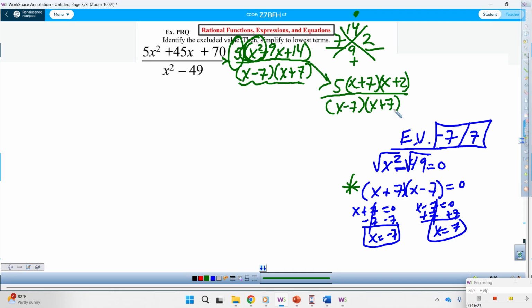What is my giant 1, people? X plus 7, yeah, because there's multiplication here and here and here. Okay, so that leaves us with 5, parentheses, x plus 2, which is this one, over x minus 7. You want to leave that in parentheses, that's fine.